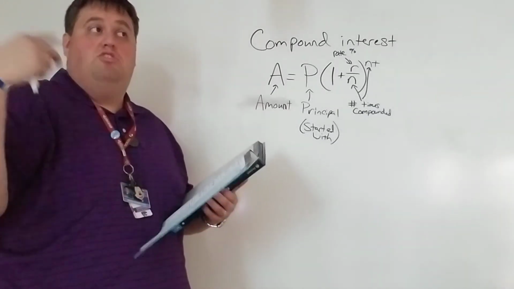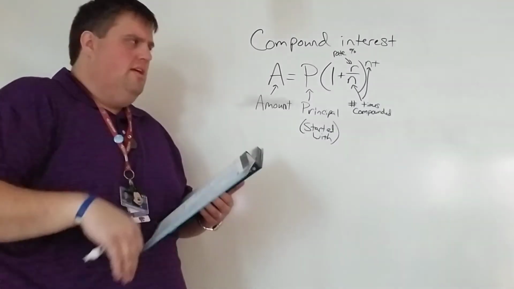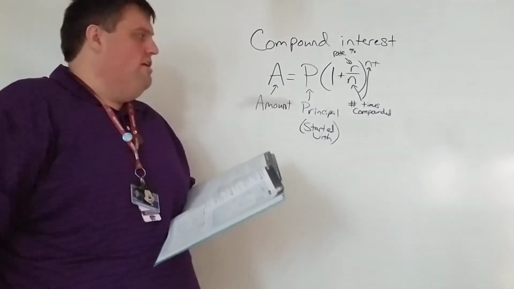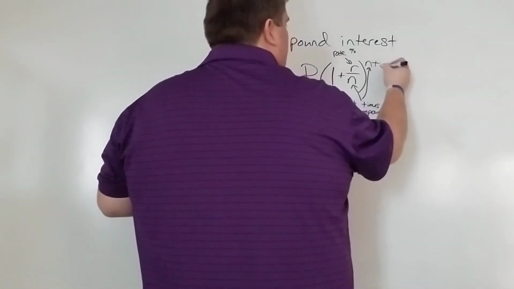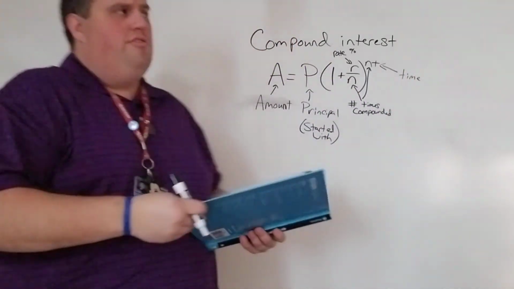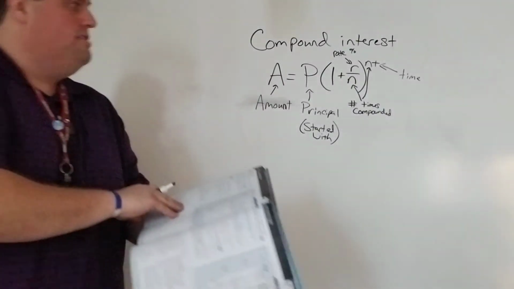If it's compounded twice a year, that'd be 2. Typically, those are your options. Maybe it could be 8 times a year or something crazy, but that's where that comes in. And then this t over here is time. Typically, how many years we have some money in this bank account.